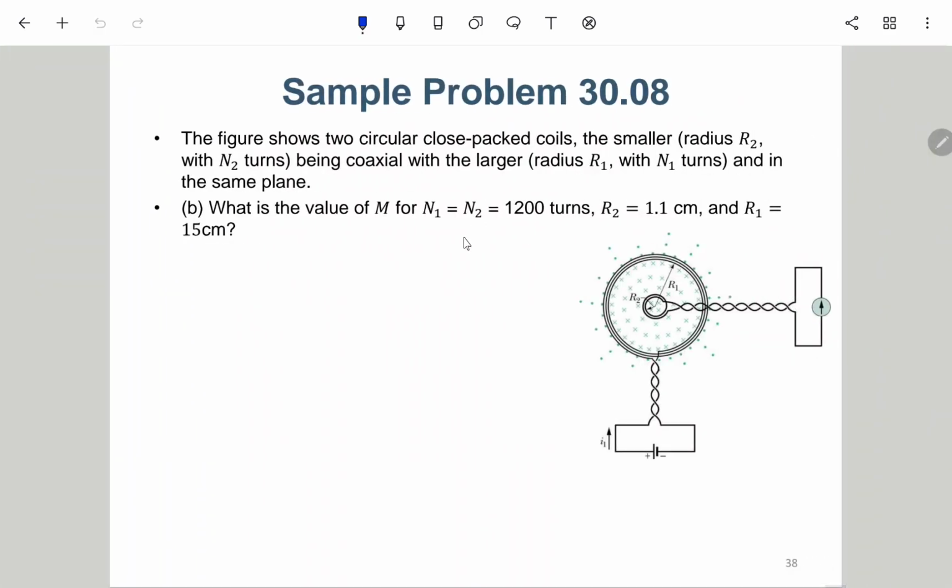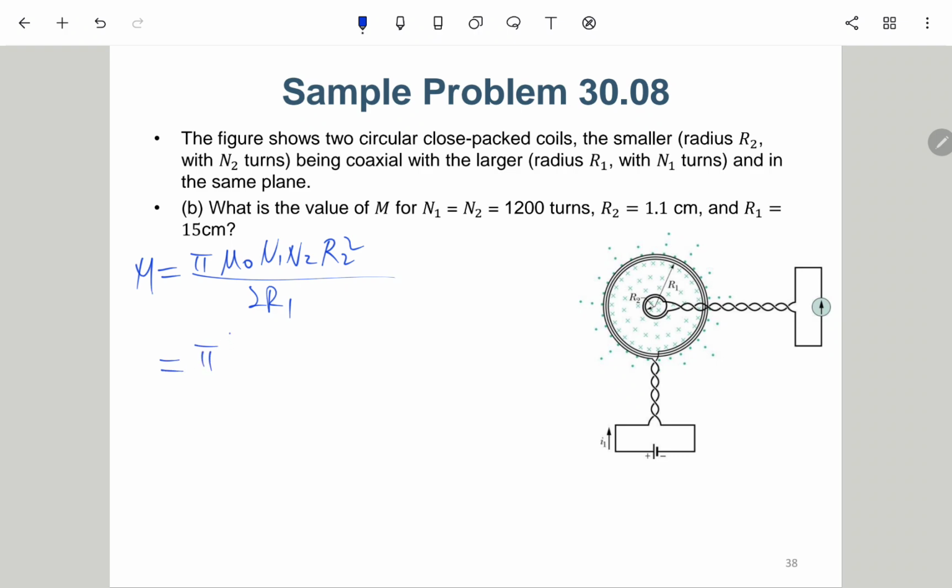So for the second question, what is the value of M given these values? Which means we just need to plug in all the numbers in this expression. So pi mu 0 N1 N2 R2 square over 2 R1.